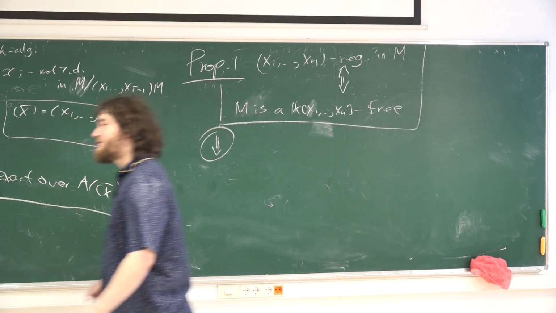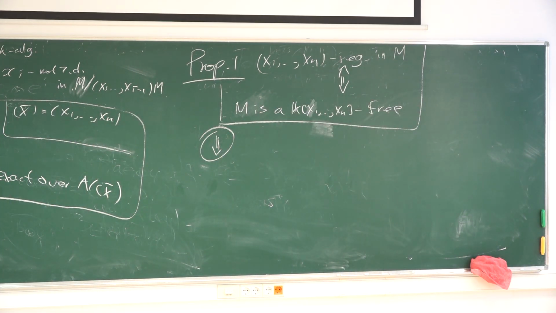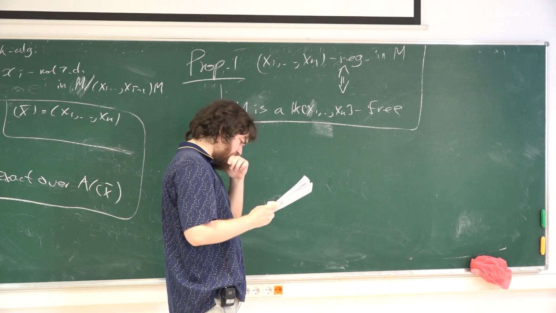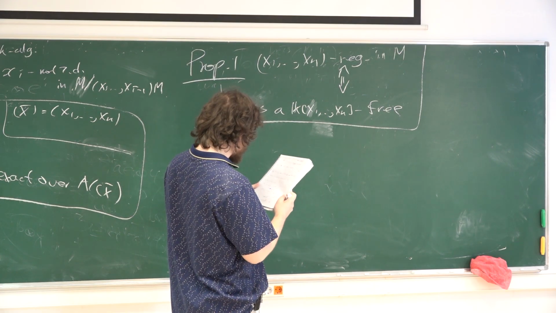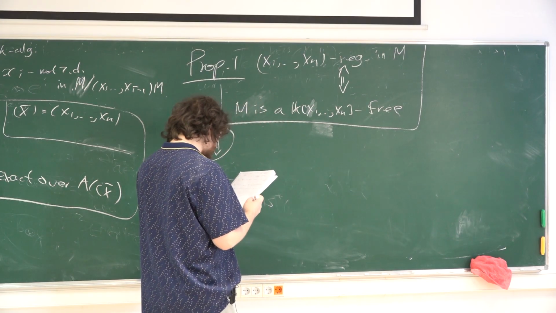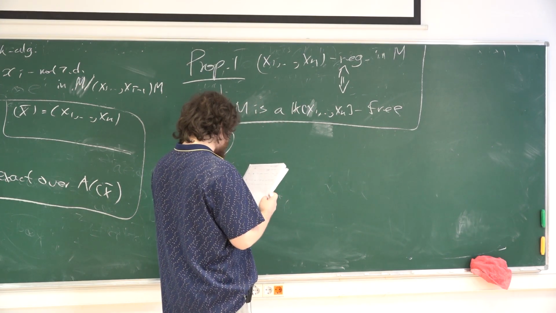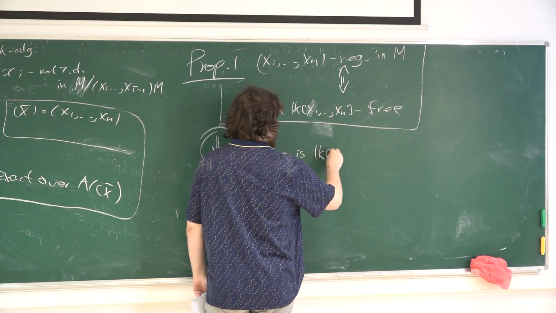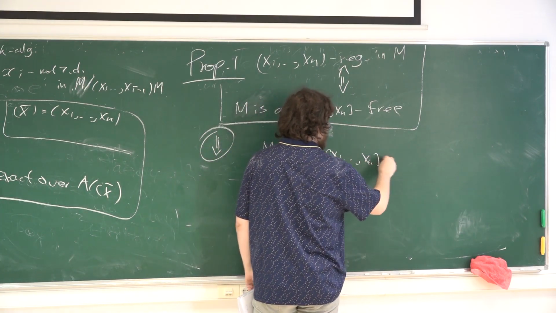From up to down we need one observation. Yes, I have a regular sequence. Then M, as I said before, is a module over k[x1,...,xn].